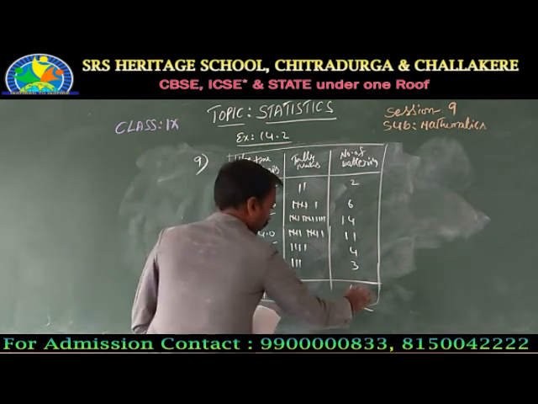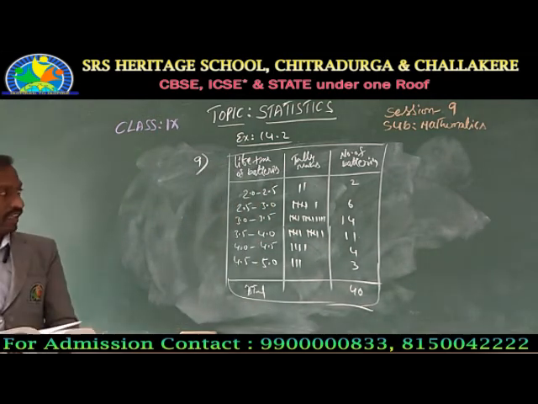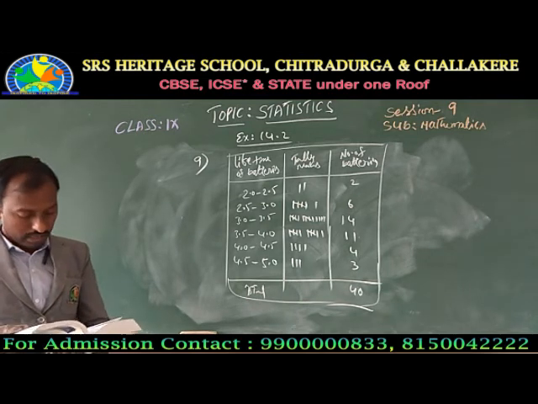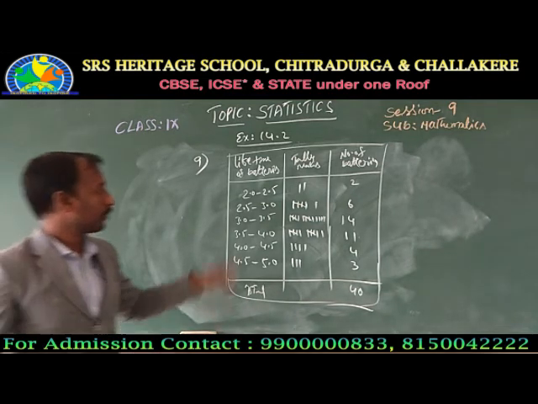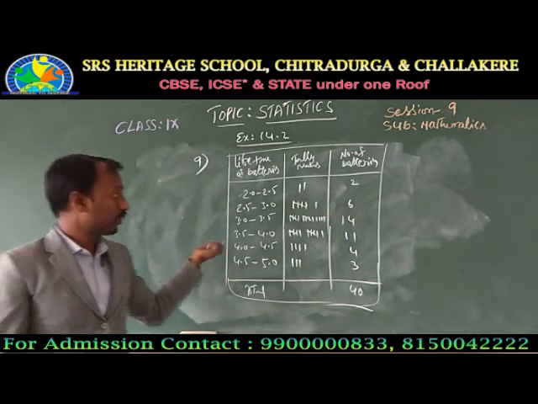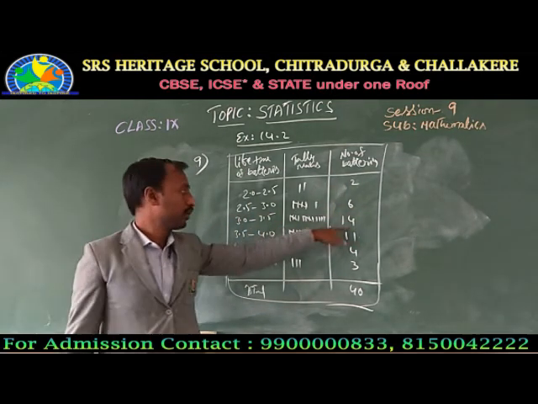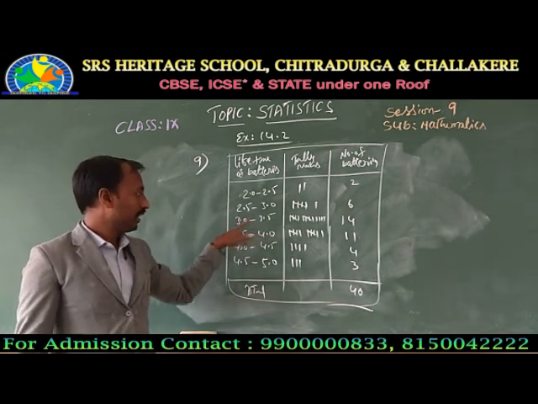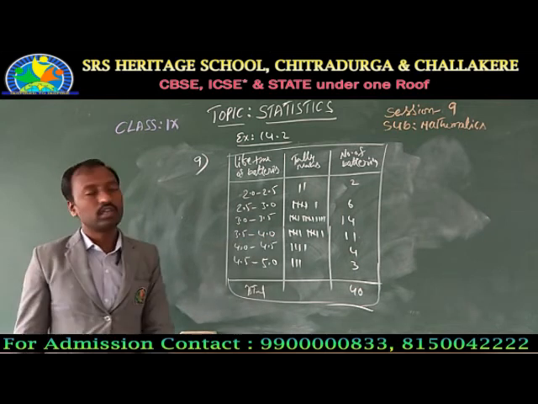There are 40. They are simply asking to make a frequency distribution table, or else they may ask the maximum number of batteries, for how many years. 14 batteries have a lifetime between 3 to 3.5 years.